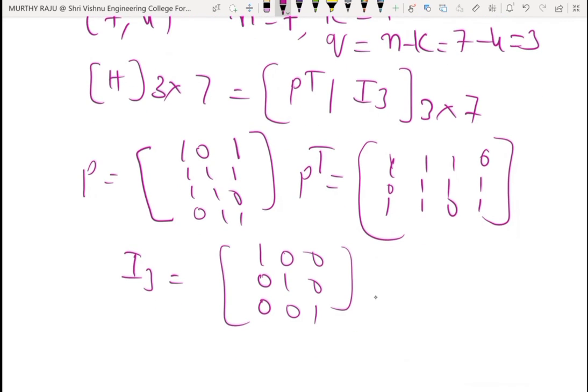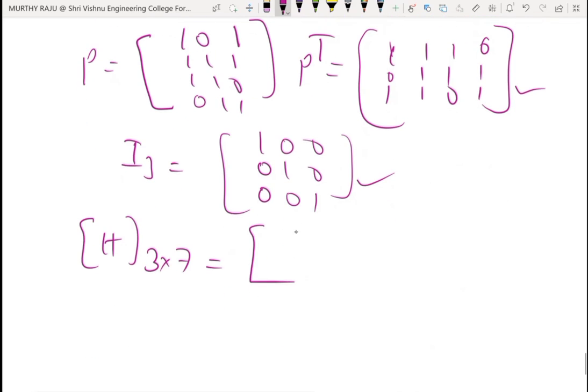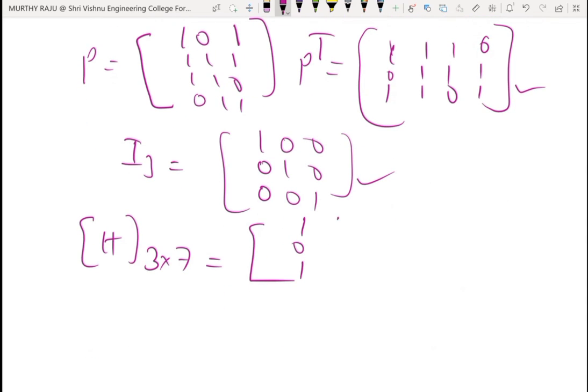Substitute this one and this one in the above H equation. The parity check matrix H, 3 cross 7, is equal to P transpose, 101, 111, 110, 011, followed by 100, 010, 001.